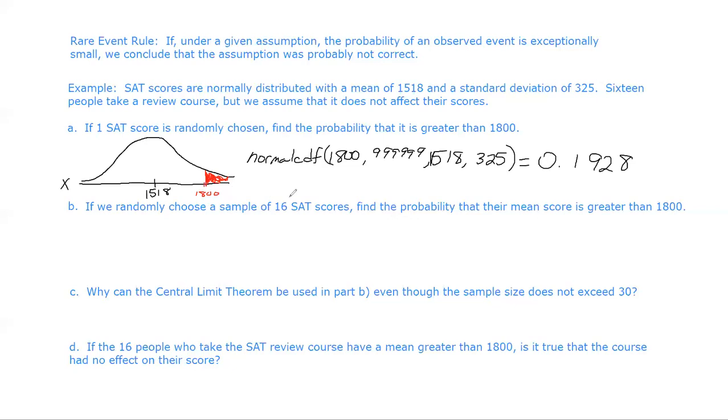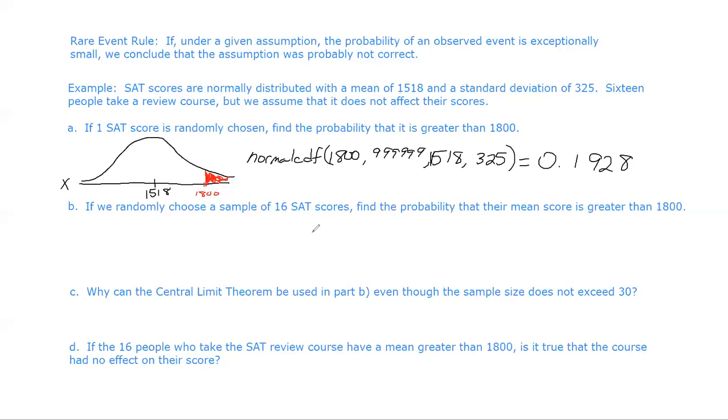Now, I'm going to mention that this group of 16 right here is not the same 16 that took the course. This is a random selection from the population. What we're testing to see is if we were just to randomly get 16 people together, what is the probability that the average score of those 16 students is greater than 1800?